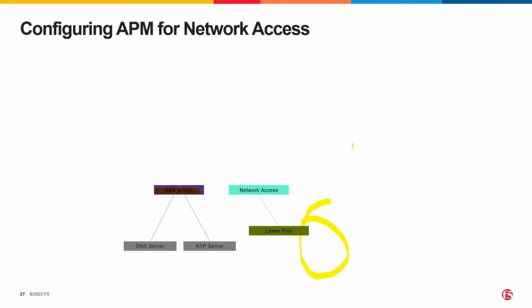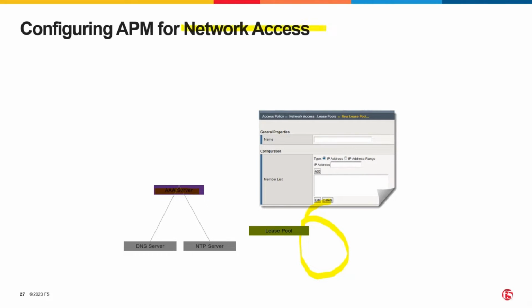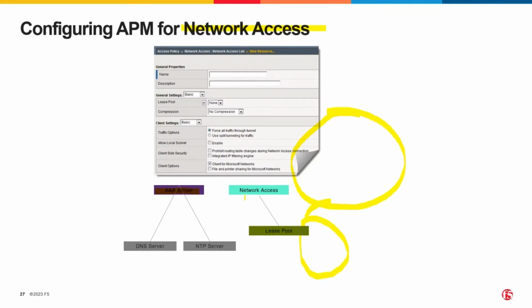Maybe if you are trying to configure the full VPN tunnel, what you need to do is create something called a lease pool, which means IP addresses which will be assigned to the client which is connecting to the tunnel, SSL tunnel, right? So that will be the other object.